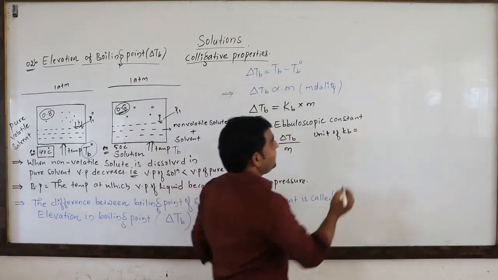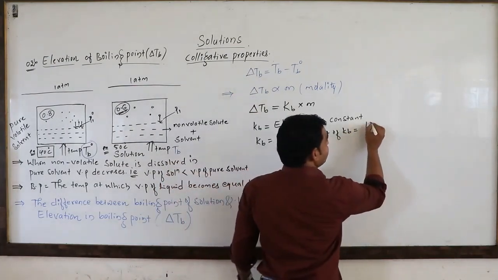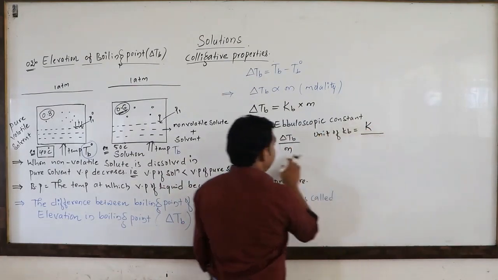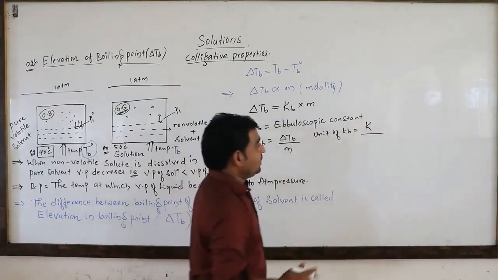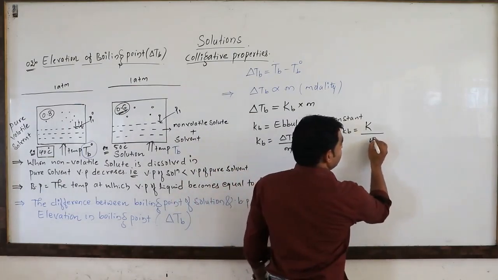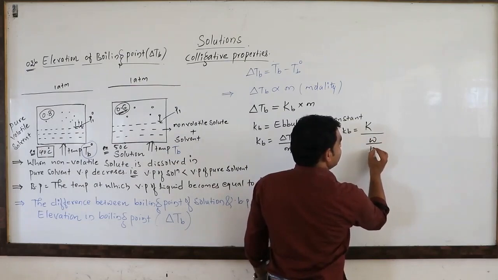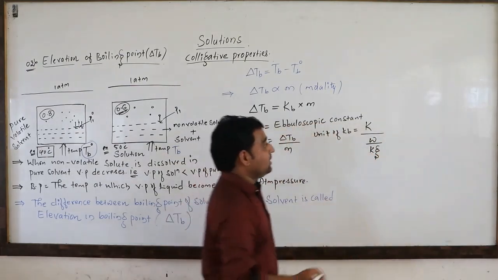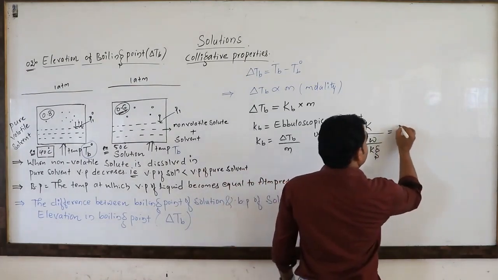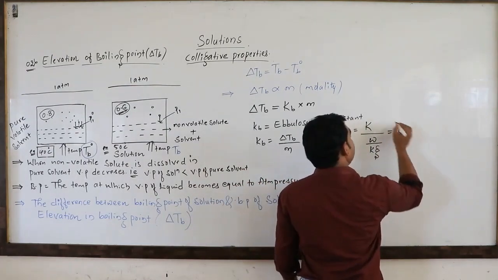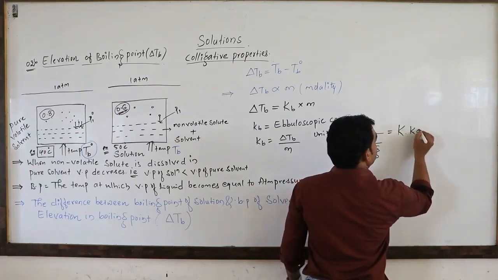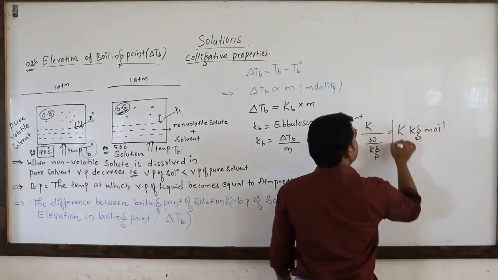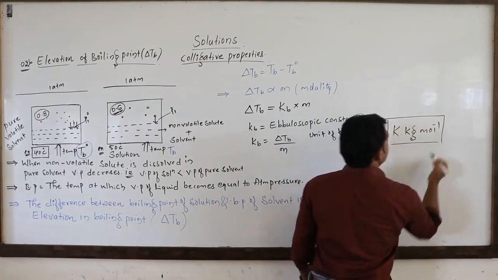That is a temperature measured in Kelvin, capital K. Delta Tb is in Kelvin, divided by molality, which is the number of moles of solute dissolved in per kg of solvent. So now we can write Kelvin kg per mole. This is the unit for Kb.